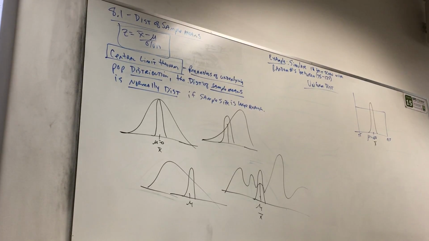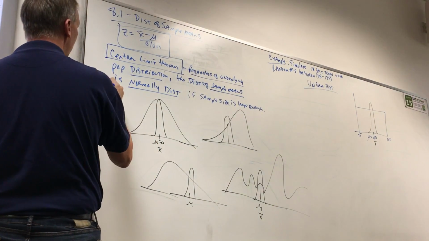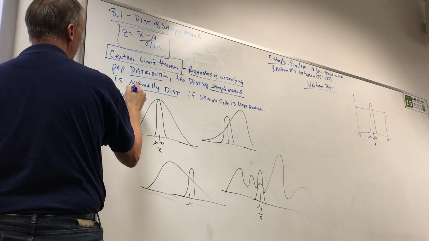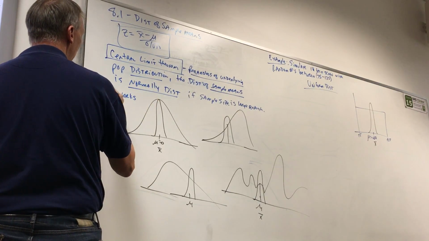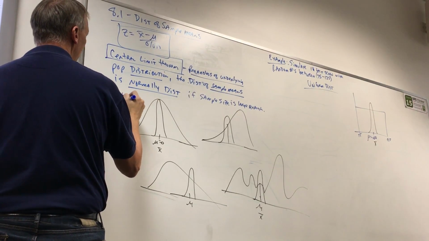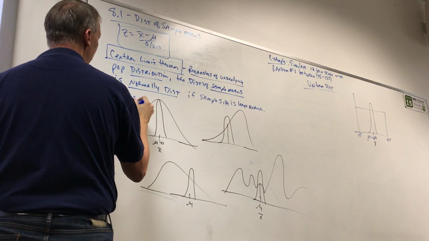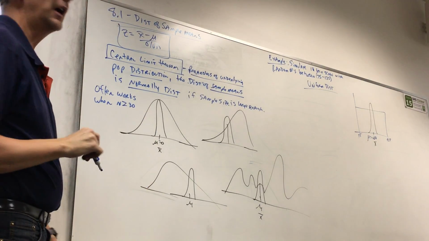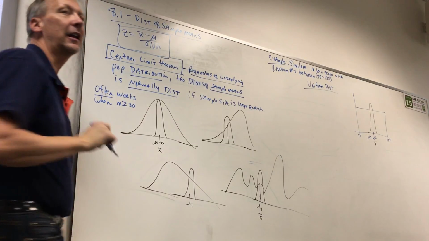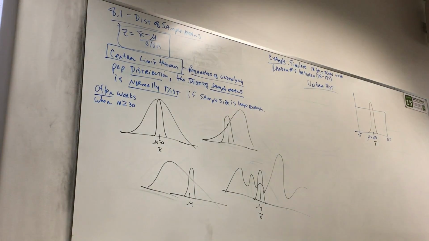So it often works when n is greater than or equal to 30. Now I'm going to emphasize often, and that doesn't mean always. Remember on your quiz today, how big was your sample size on number 1? 48. It was 48 and it wasn't big enough.